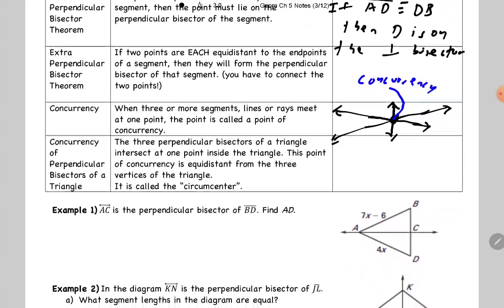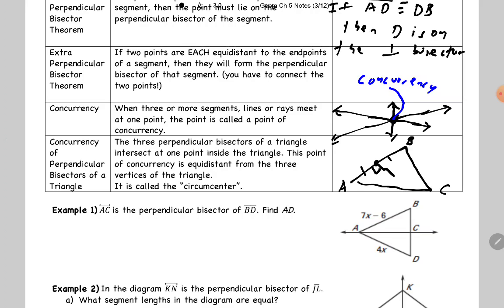Okay, concurrency of perpendicular bisectors in the triangle. So triangle ABC. If you took the three perpendicular bisectors, so if I started here, went 90 degrees, and split this in half.